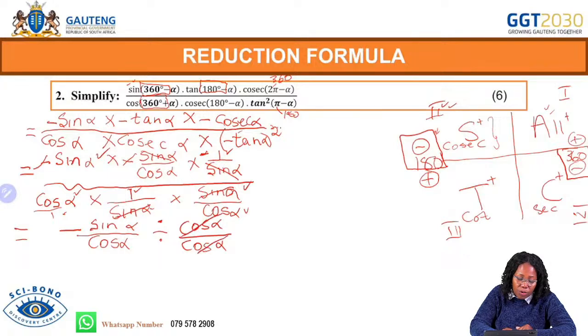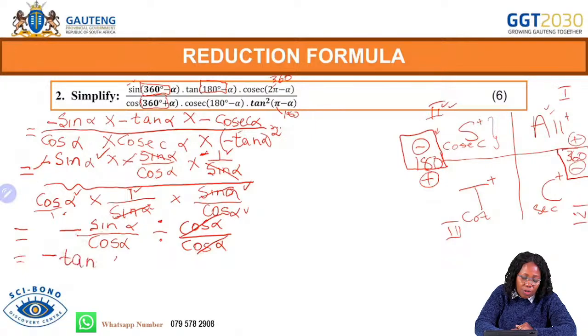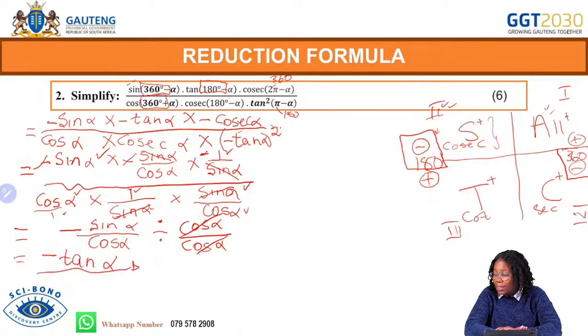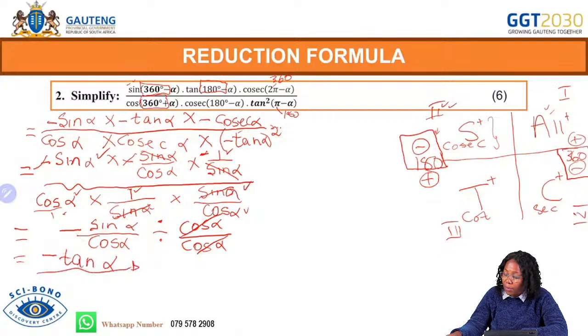Then cos into cos is 1. So grade 12, we are left with minus sine over cos, which is tangent of alpha. Divide by 1 is the same thing. So our answer will be minus tan alpha. I hope we are still together on that one.